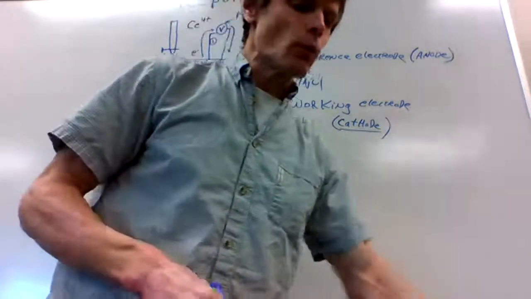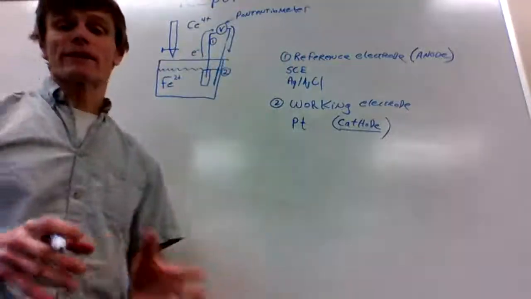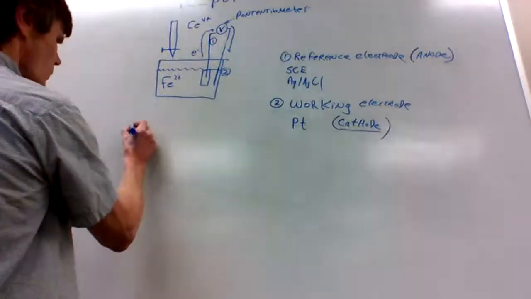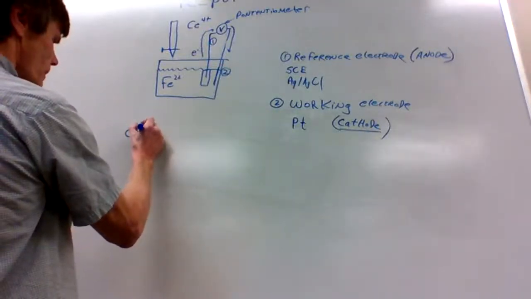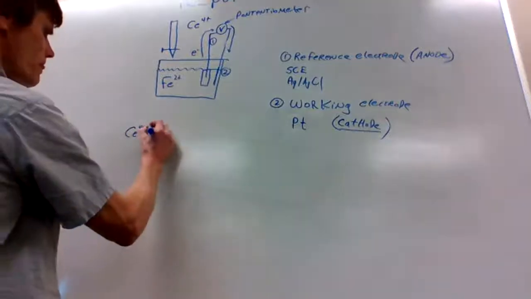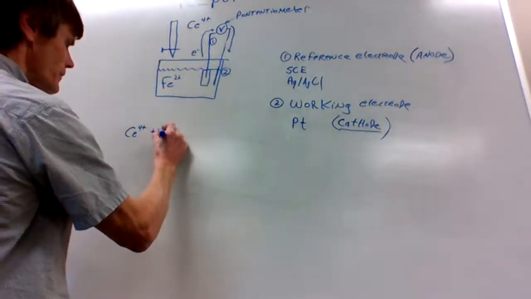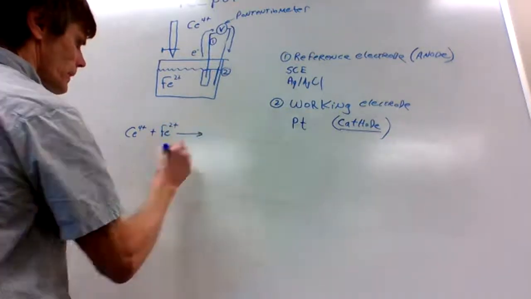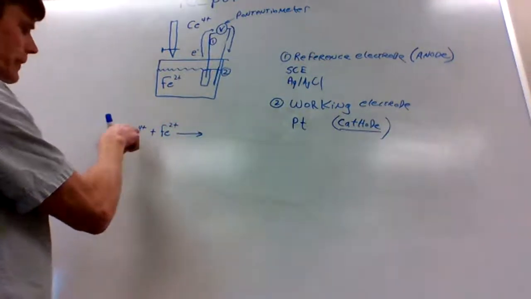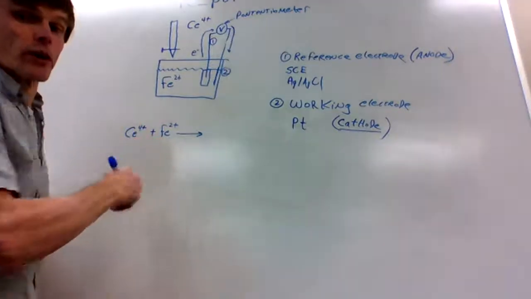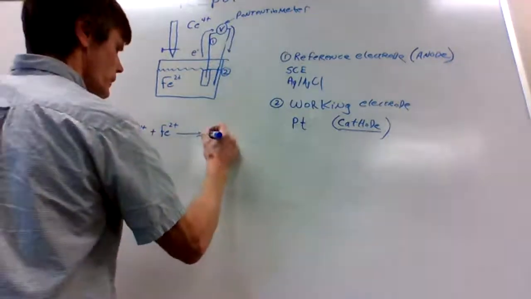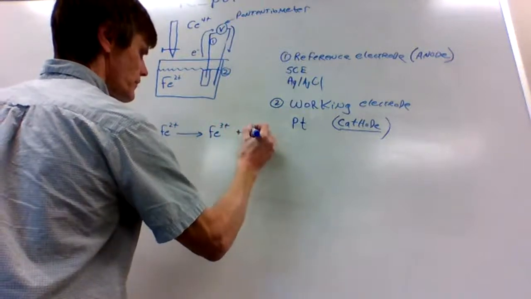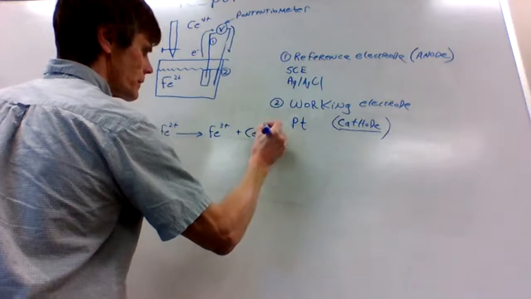And let's see what we're going to measure. And let's look at the titration equation. That's really important. So we're adding cerium 4+, and we're going to react it with iron 2. And as we add one equivalent of cerium, we're going to react it with one equivalent or 1 mole of our iron 2, and we're going to generate iron 3+ plus cerium 3+.